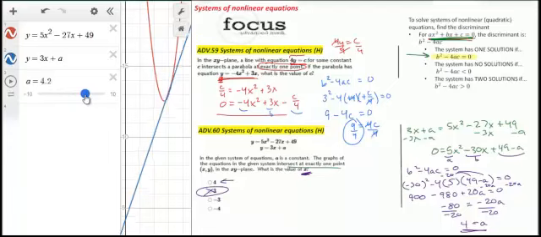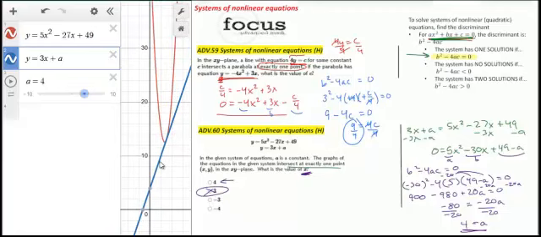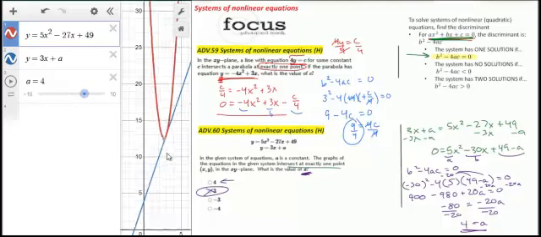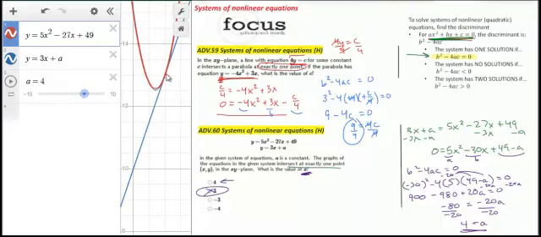And what I see here is right there's the intersection. And so if I know that a is equal to 4, I can substitute that in.